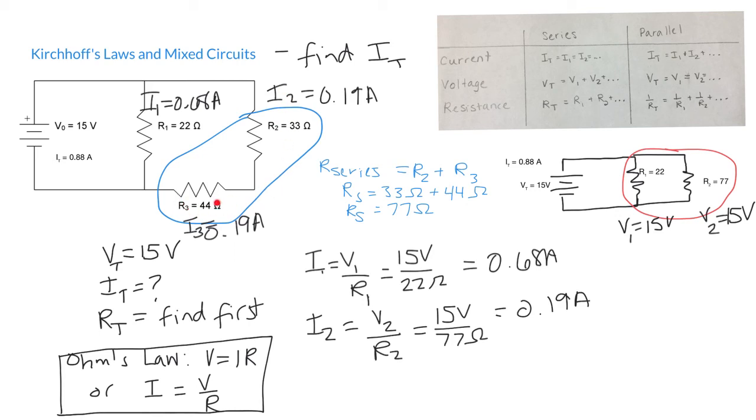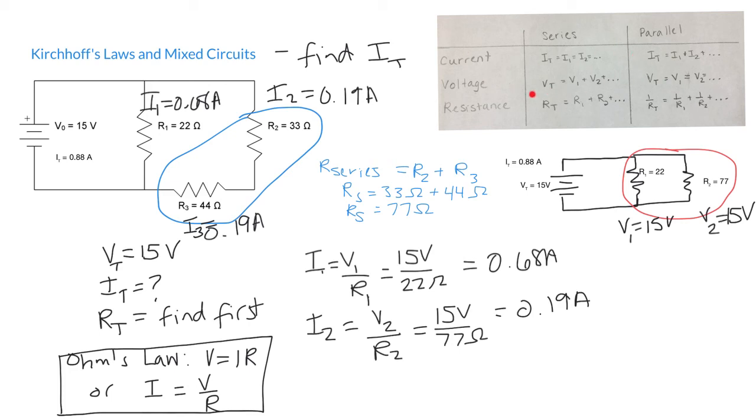So when they're right in a row, the flow through them is the same. The last thing that we want to find is the voltage of 2 and of 3, because we know that that voltage here is going to be 15. But because there are two resistors, that voltage is going to be split. The drop is going to be split.